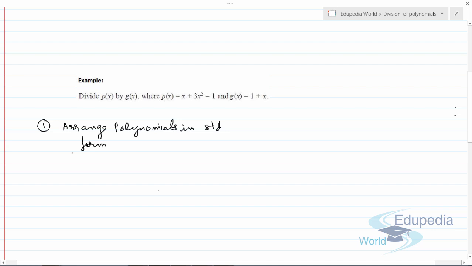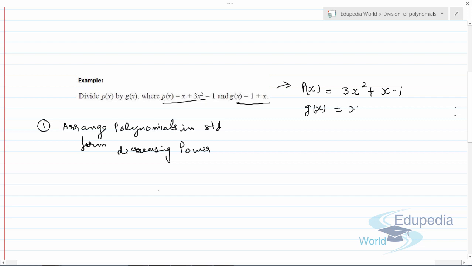Standard form means we have to arrange these polynomials in decreasing power. So we write p of x as 3x square plus x minus 1, and we write g of x as x plus 1.